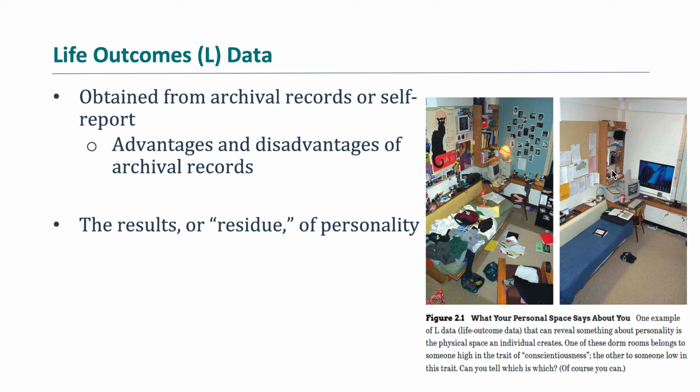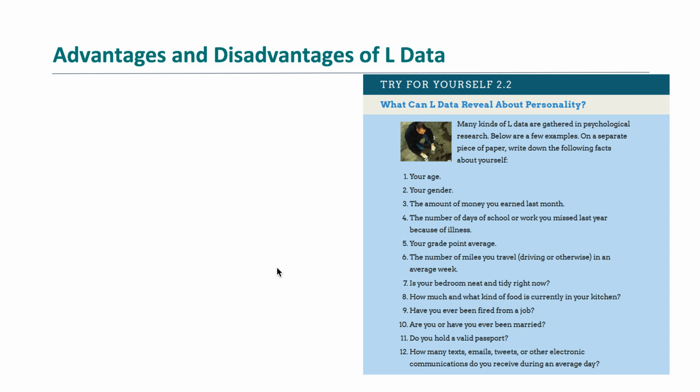So maybe this person is more conscientious, meaning they're more organized and more conscious about where things are, and this person's less, and those are going to impact how you're interacting in the world, and therefore that's the residue of your personality. So here's just some other examples. Your age might be an indicator, and this is a type of life data.